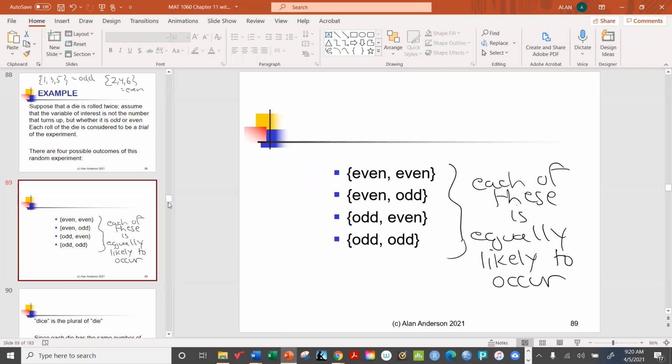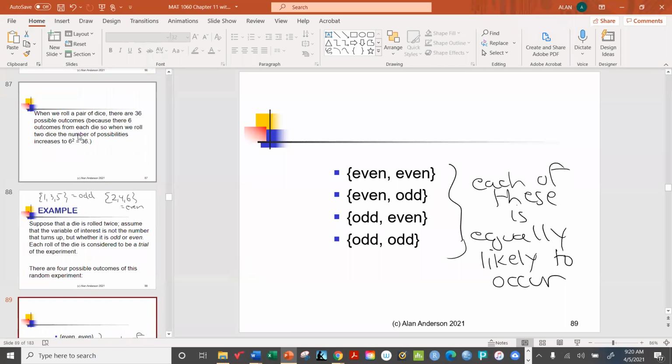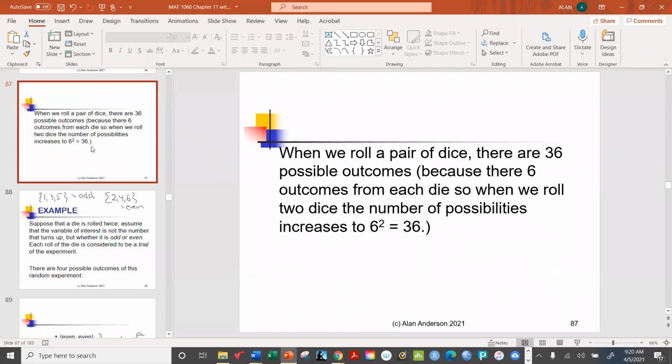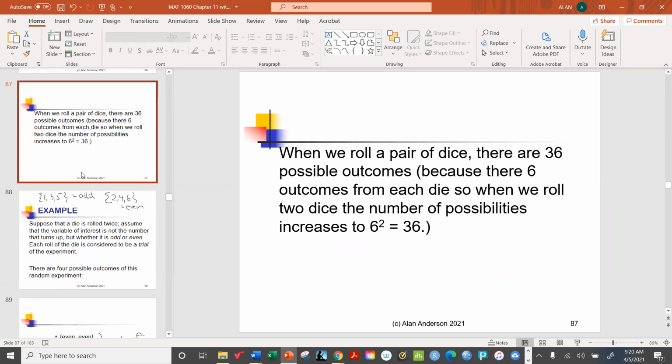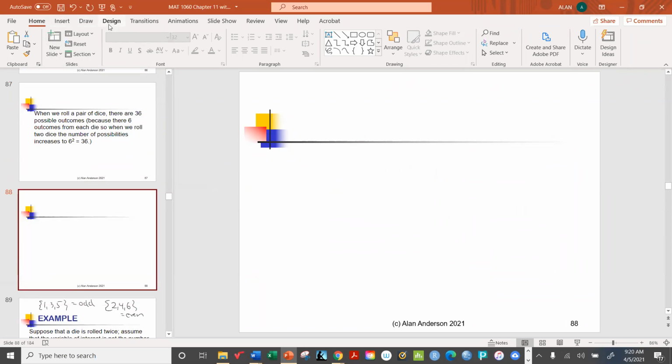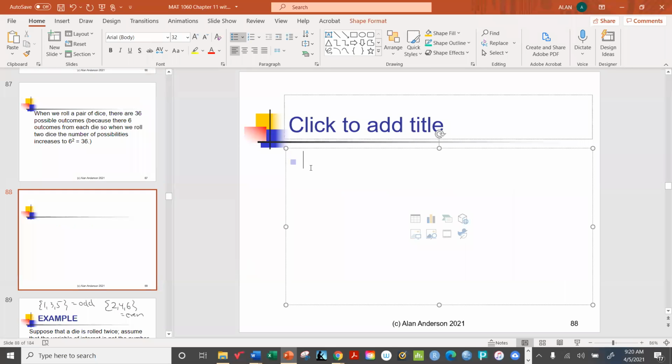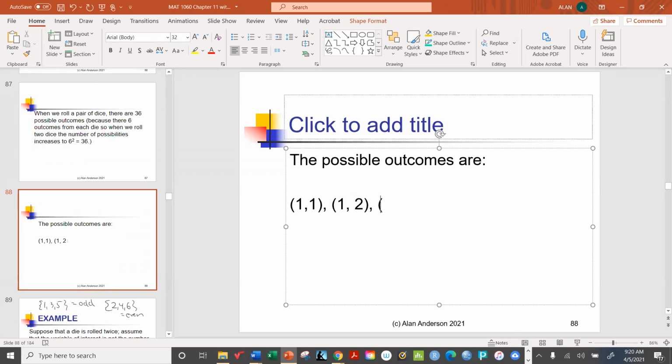By the way, I do want to mention that when you're rolling the dice and you're really looking at the individual numbers, each outcome is not equally likely in that case. In fact, let me just show you a little chart here. The possible outcomes when you roll both dice.